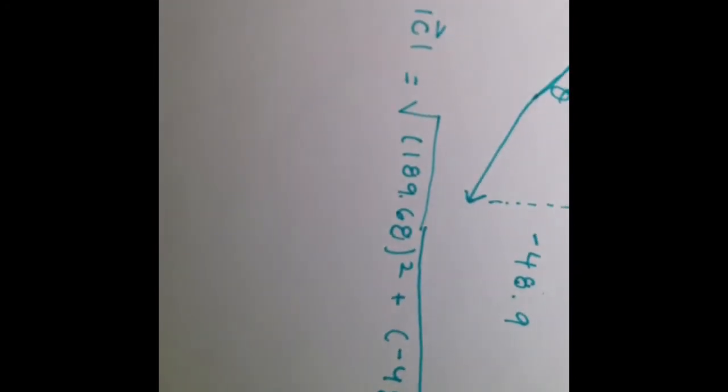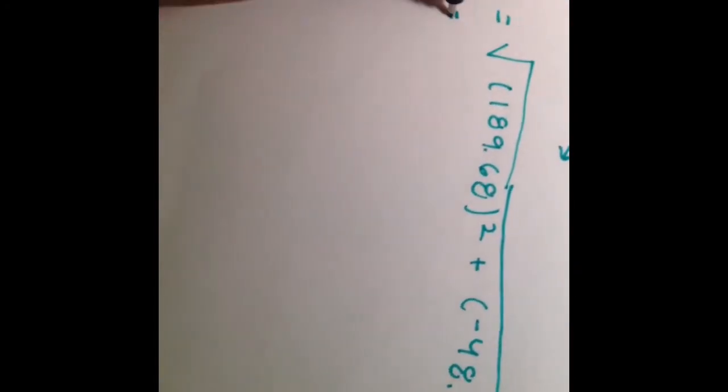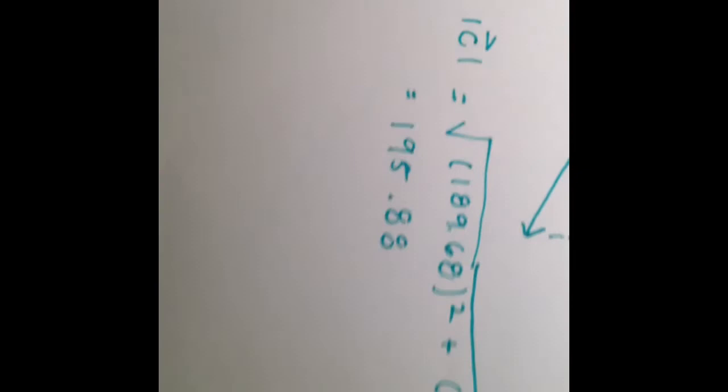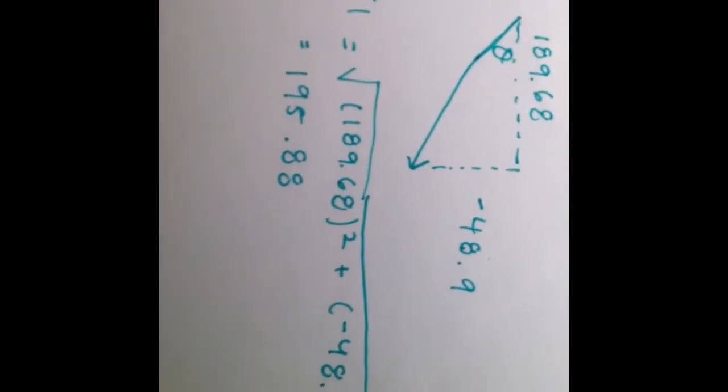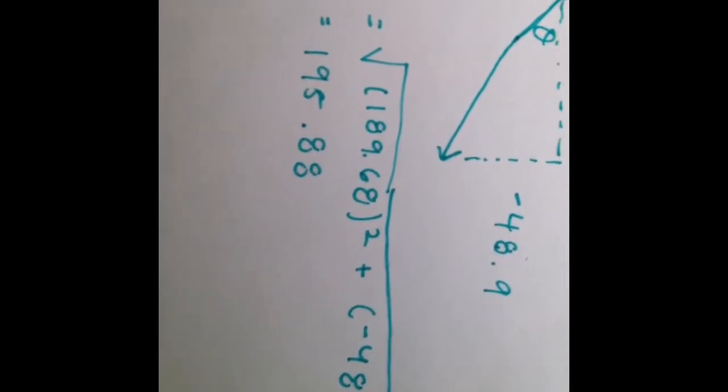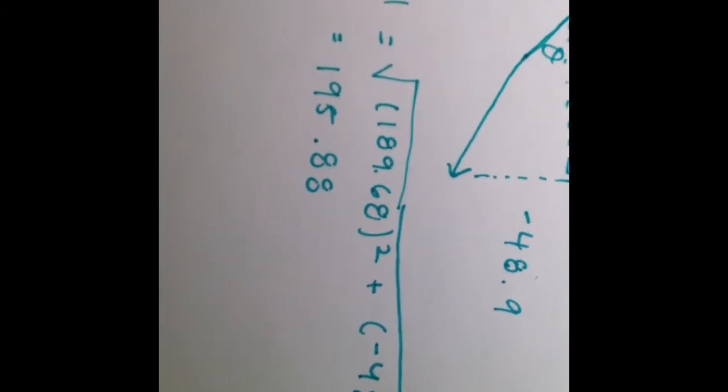Plug that into your calculator, and you're going to get a magnitude of 195.88, at least that's what I got, but if you round it differently beforehand, it'll be a couple decimal places different. So there's your magnitude.